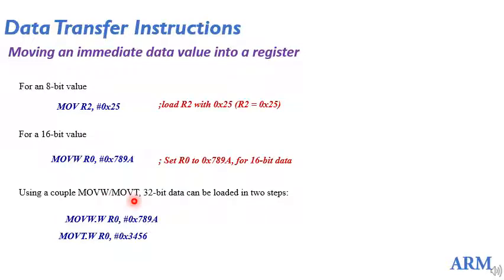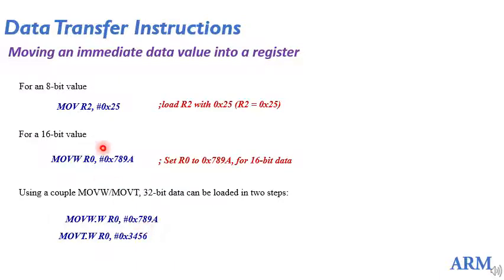Okay. So MOVW. I will be explaining this with an example. MOVW.W R0, #0x789A. You have already seen it in the 16-bit example.